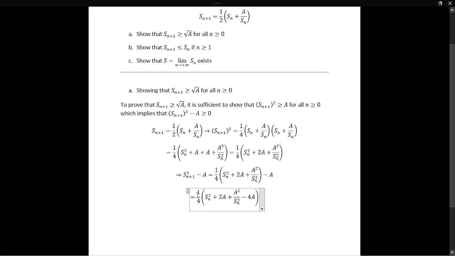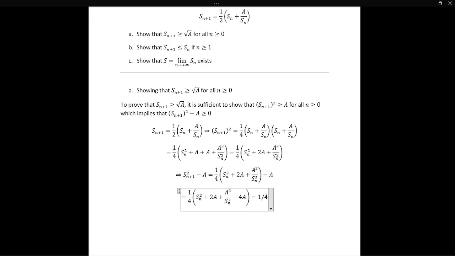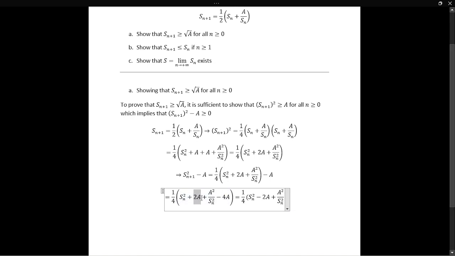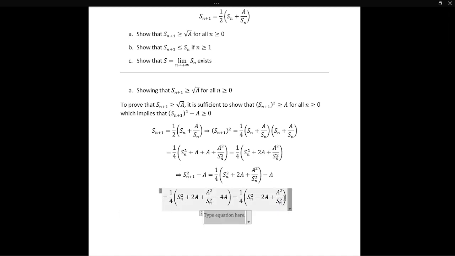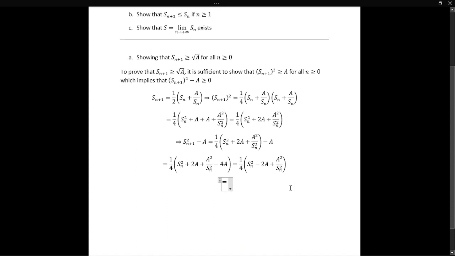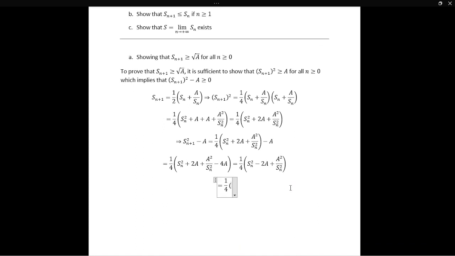You realize that if I multiply 1/4 and the 4a, I just get a. Now if we bring like terms together, we are going to have a negative sign here, because 2a minus 4a gives us negative 2a.